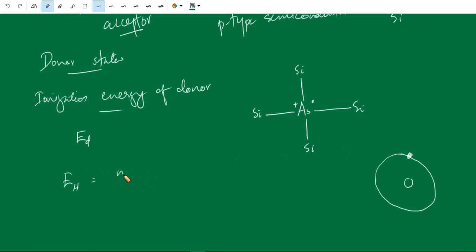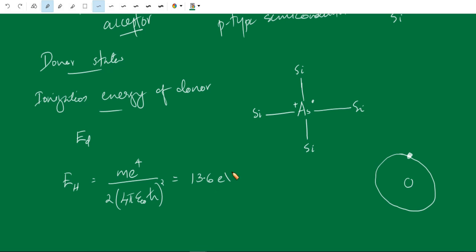This is given by the expression m e raised to 4 divided by 2 times (4 pi epsilon 0 h cross) whole square. So this is the ionization potential of the hydrogen atom.